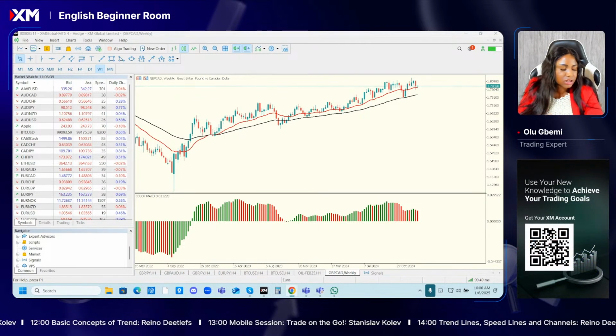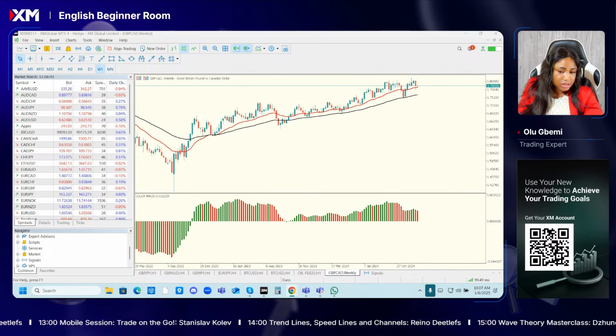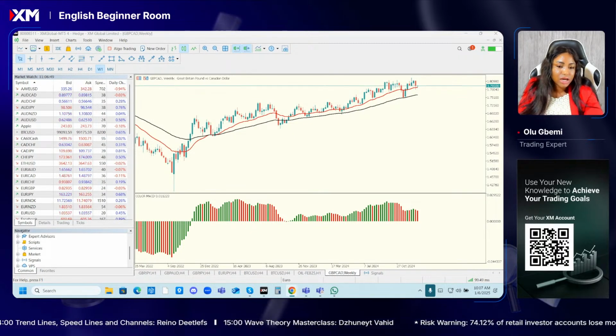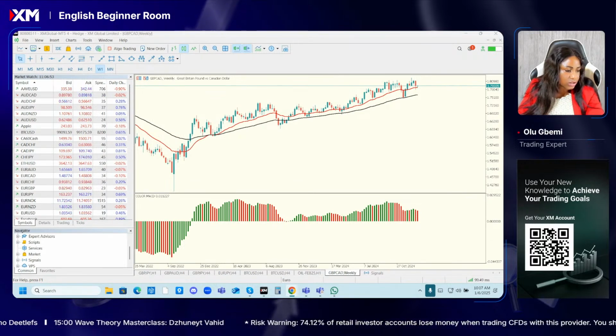So we are basically starting by looking at the economic events that we have for the week, because I believe that it will help us to some extent in preparing ahead and knowing how we are going to be trading in the week.